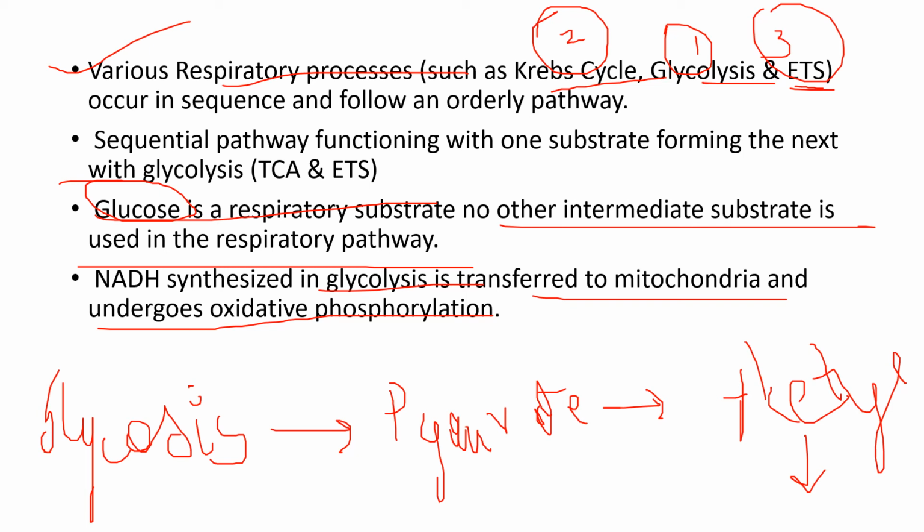The whole cycle of the Krebs cycle is performed in the matrix of the mitochondria. So after the glycolysis cycle, it is transferred to mitochondria and undergoes oxidative phosphorylation. So that is why this line is written here.